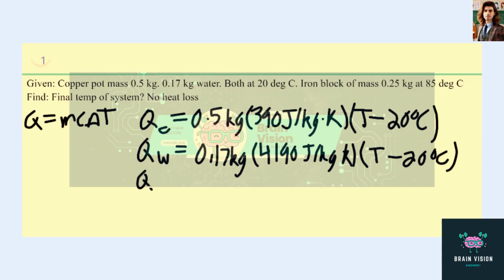And then we can do Q of the block, which is equal to the mass of the block, 0.25 kilograms. C for iron is 470.